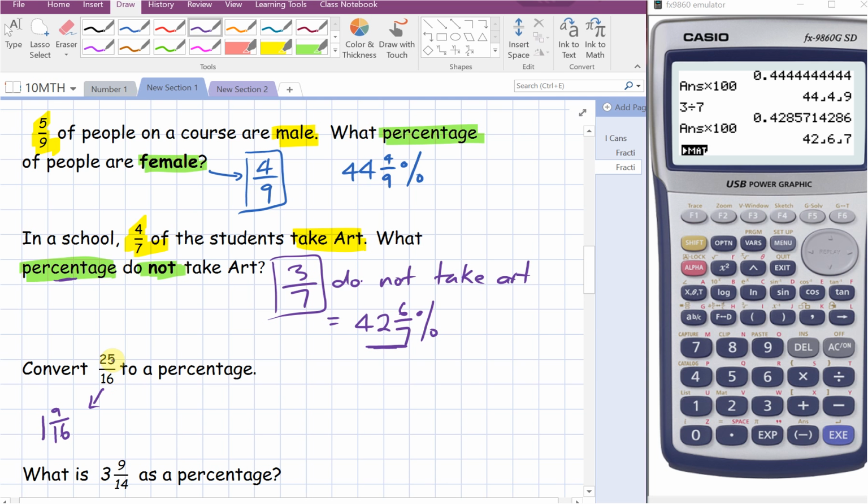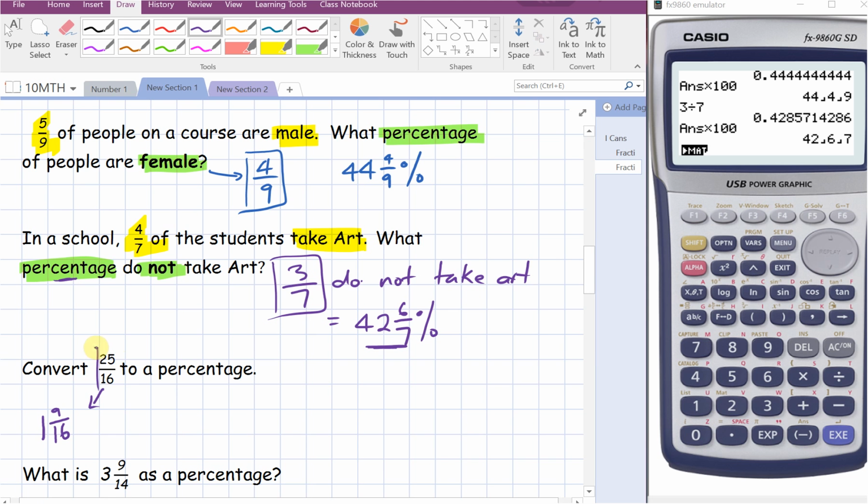Okay, so 16/16 there plus 9/16 will give us 25/16. So that's 1 9/16. Anytime we have a fraction that's over a whole, when we convert that to a percentage, we're going to get a percentage that is over 100%.